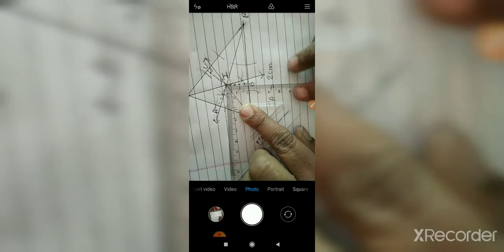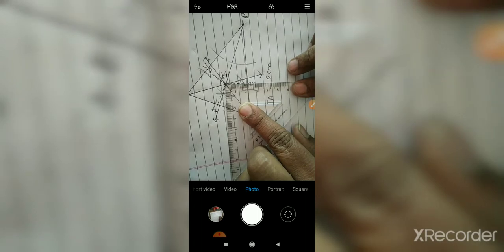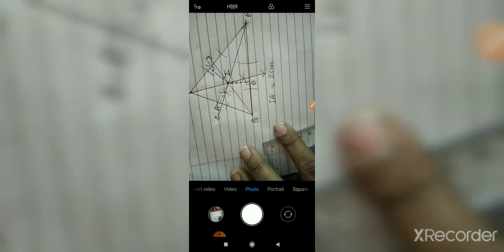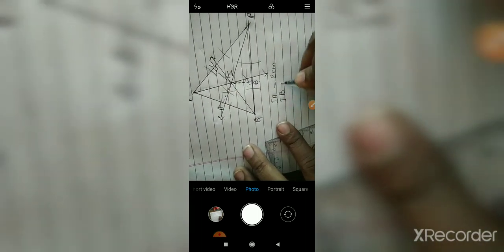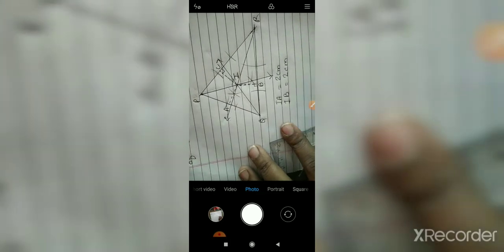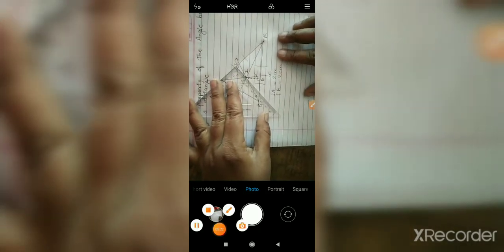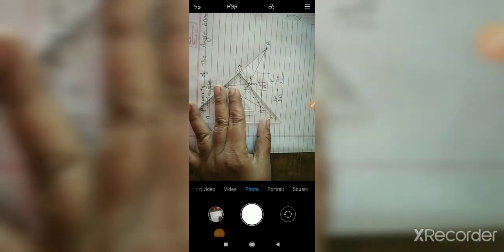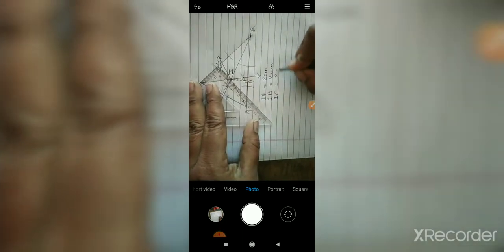If you see here, its measure is also 2 centimeters. So IB is equal to 2 centimeters. And the last, IC, if you see here, IC is also 2 centimeters.